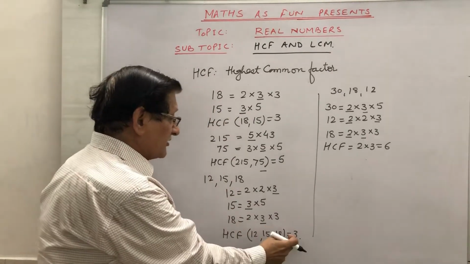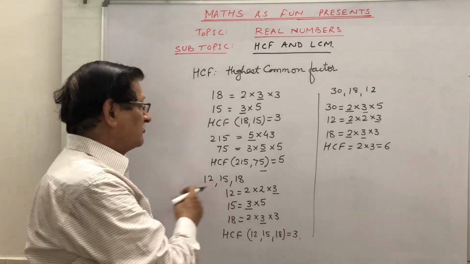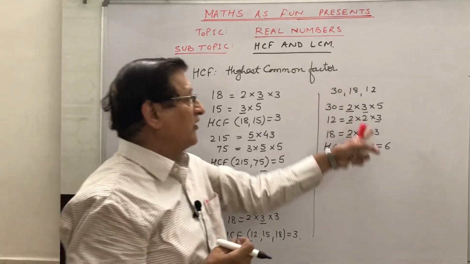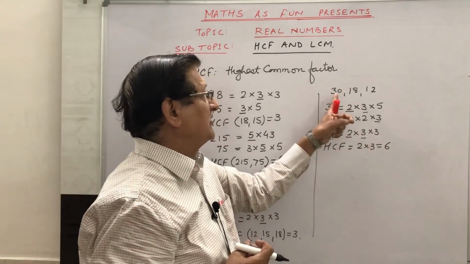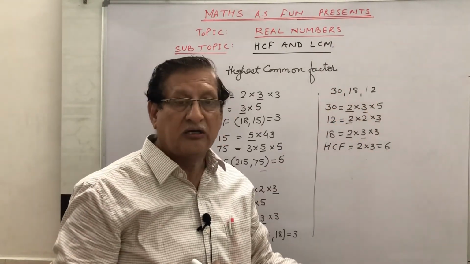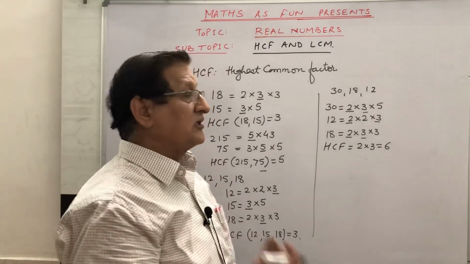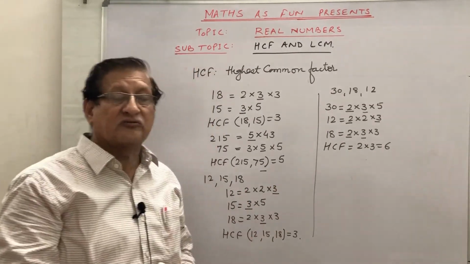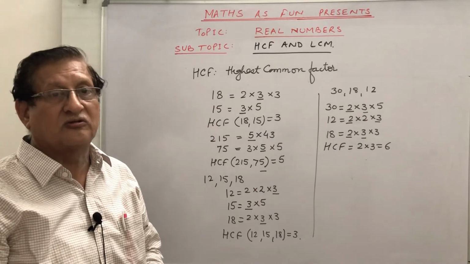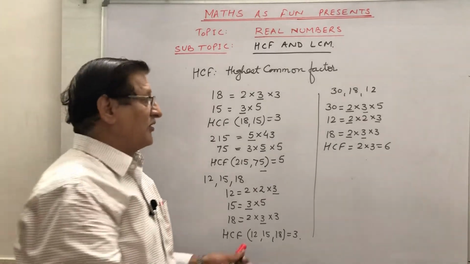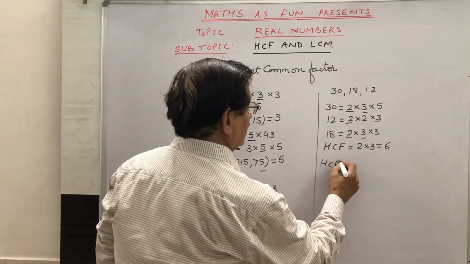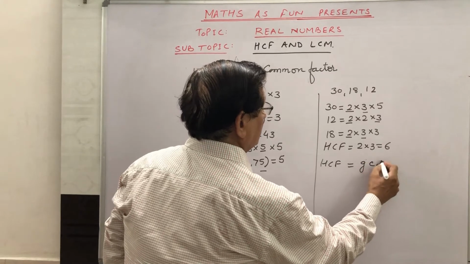And here we find that 3 is the number which is dividing exactly 12, 15 and 18. And here we find 6 is the number which is dividing 30, 18 and 12 exactly. So we can say that the number is the greatest of the divisors also.